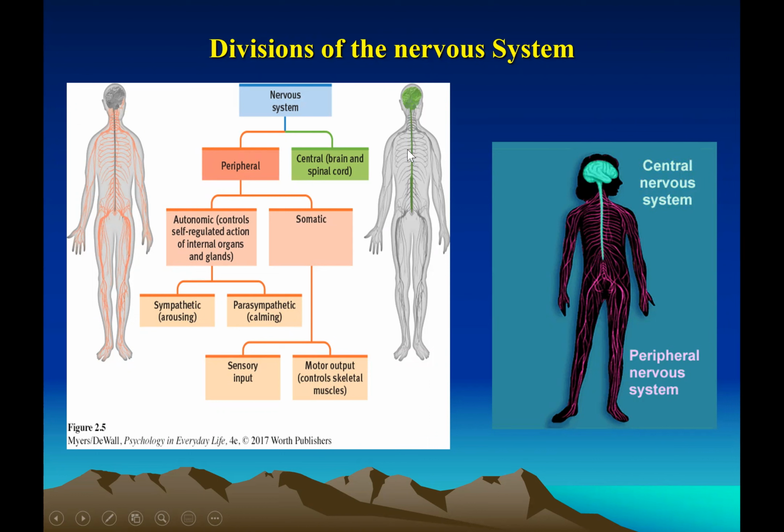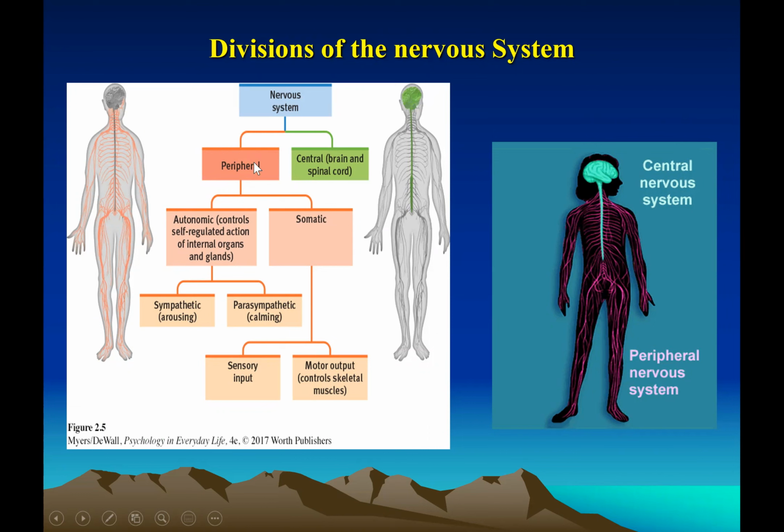It's right in the center of your body, central nervous system. Peripheral nervous system are the nerves that radiate from the brain and the spinal cord. It can either be the cranial nerves or the spinal nerves. They will radiate out from the central nervous system and they will reach every tissue in your body.